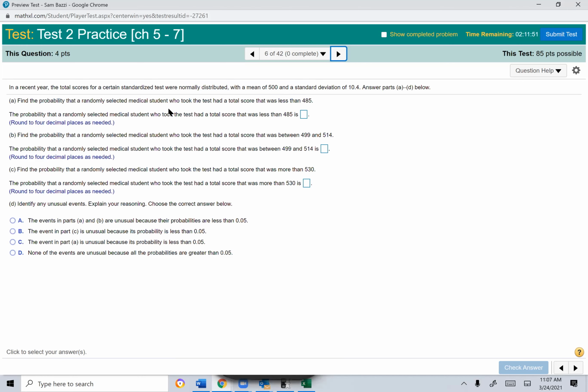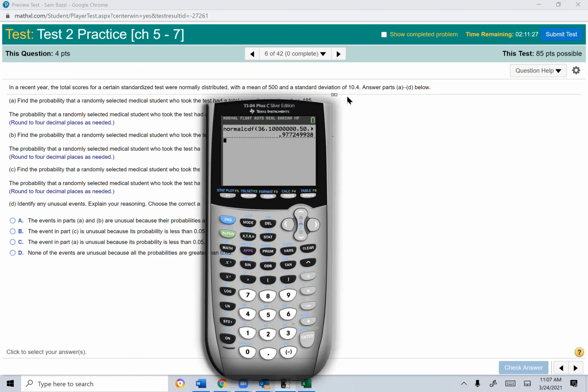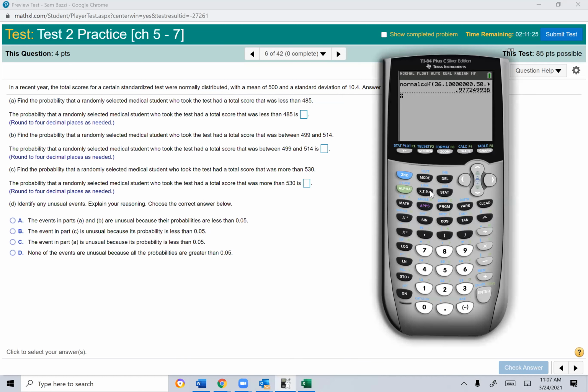In a recent year, this is just like your chapter 5 assignments, guys. Just exactly like an assignment. The total score for a standardized test was normally distributed with a mean of 500 and standard deviation of 10.4. What's the probability that a randomly selected medical student who took the test had a score of less than 485? So let me bring the calculator. Second, distribution, normal CDF.